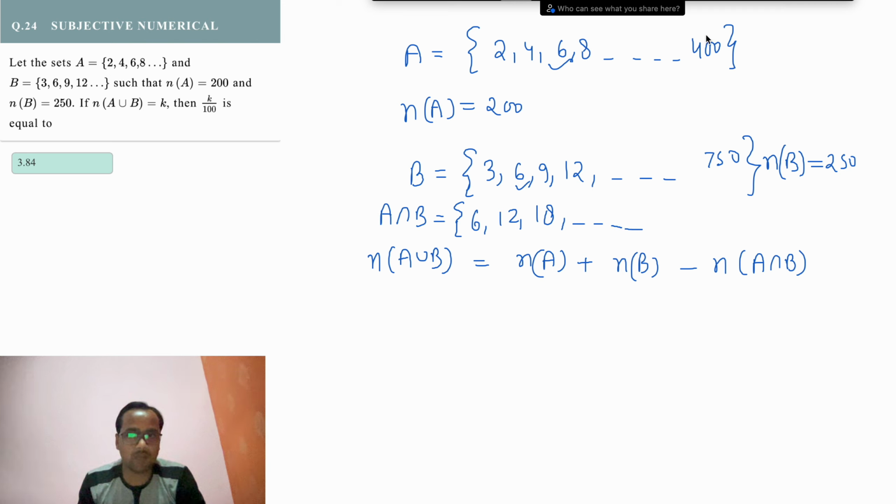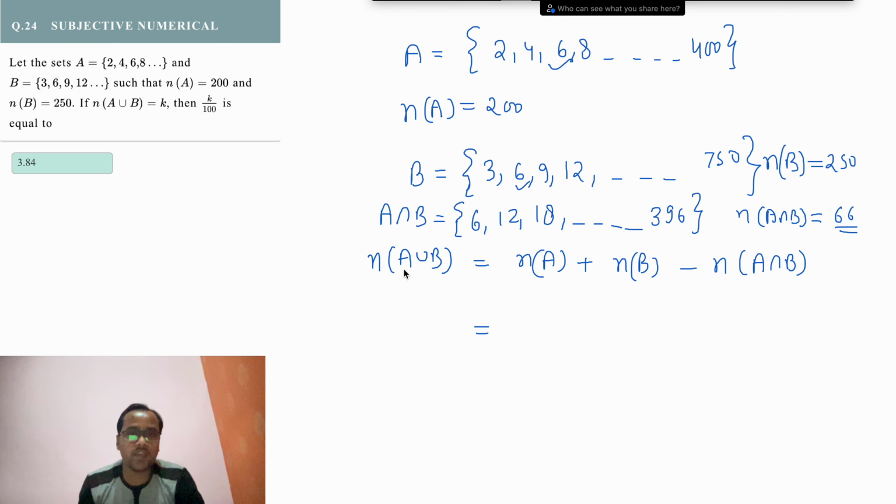The last multiple of 6 will be just before 400. That would be 396, I guess. Yeah, that's a multiple of 6. How many numbers are these? Divide by 6. 66 it is. 6 6s are 36, then 6 6s are 36.